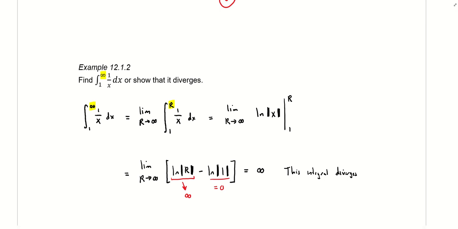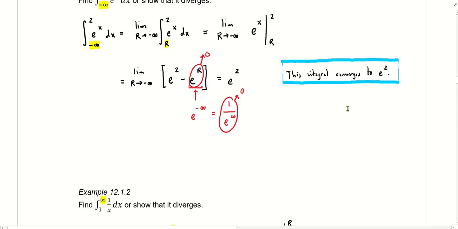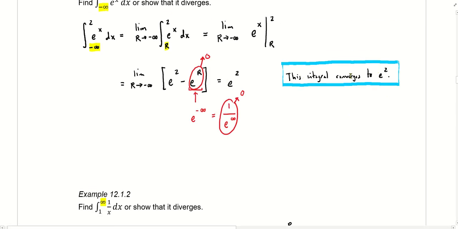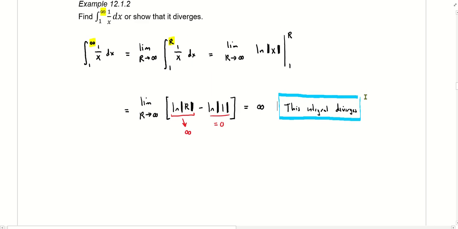So typically, not always, but typically the convention is if we have an integral that converges, we like to state what it converges to. So like I said up here, this integral converges to e squared. When we have an integral that diverges, we don't really care as much how or why it diverges, like does it go to positive infinity or negative infinity, or does the limit not exist?